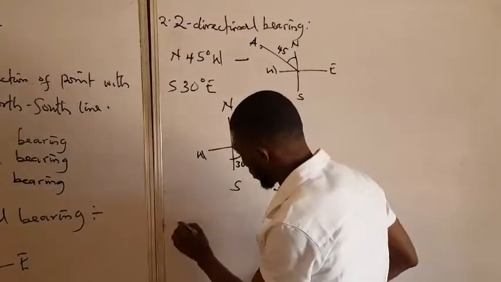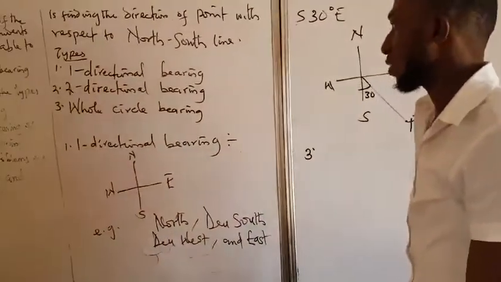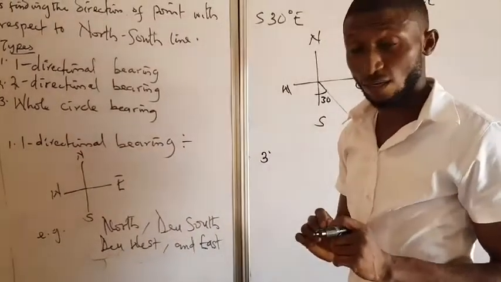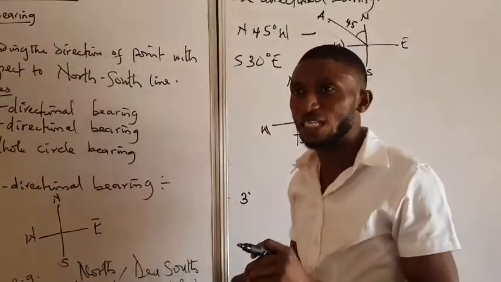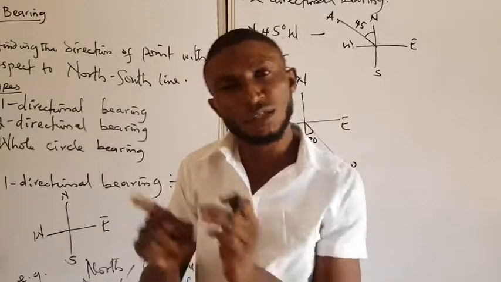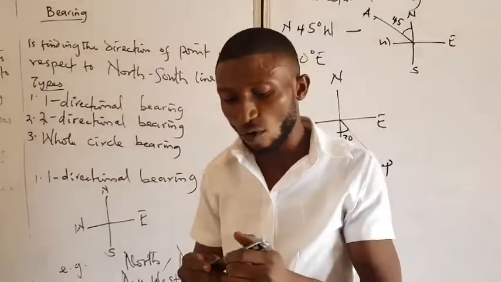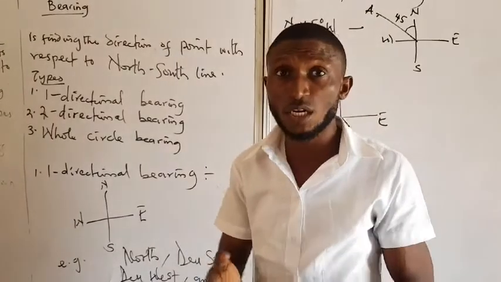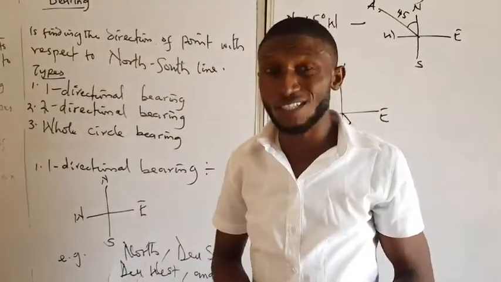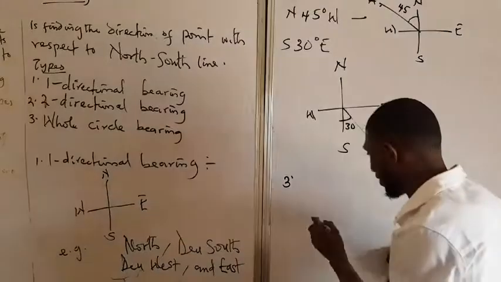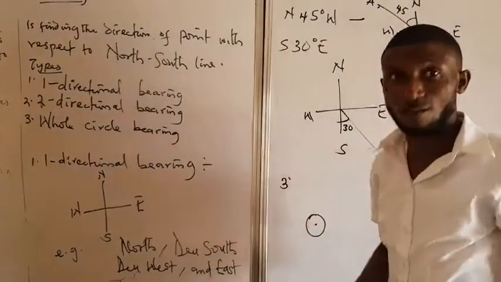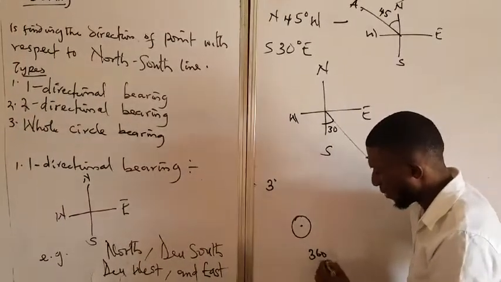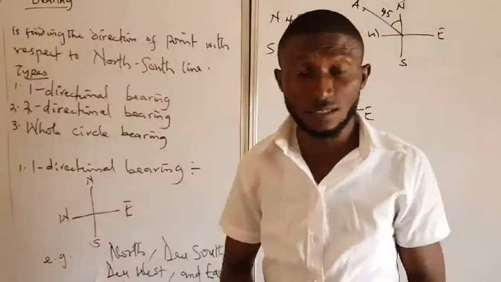The third one is known as whole circle bearing. In the whole circle bearing, the direction is not given, but you are given the angle of the direction. When you are given the angle of the direction, it is always in 3 digits. The reason why it is always in 3 digits is because the total angle in a complete whole circle is 360 degrees, and it is 3 digits.